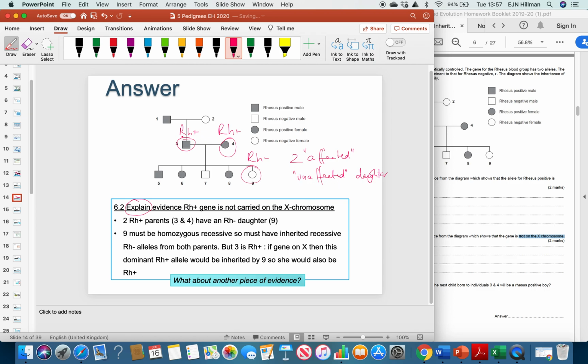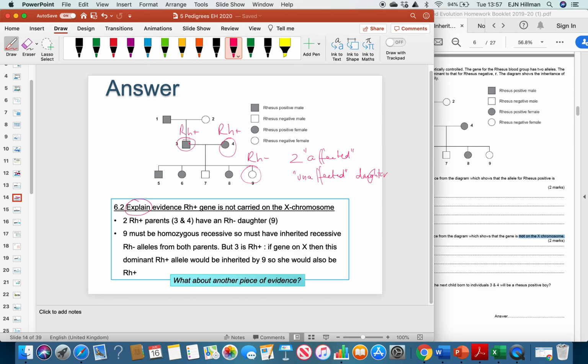Really here we're looking for two rhesus positive parents producing a rhesus negative daughter. So 9 must be homozygous recessive, so must have inherited the recessive alleles from both parents.